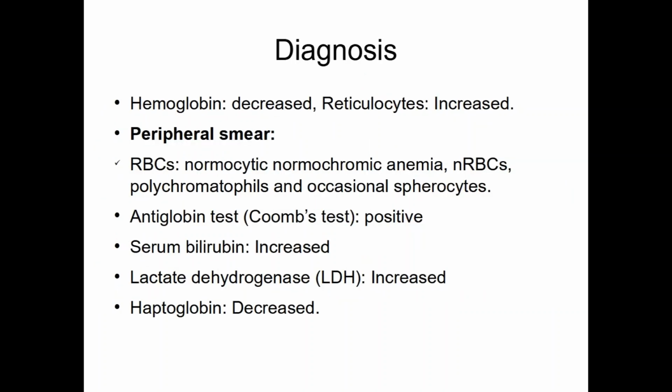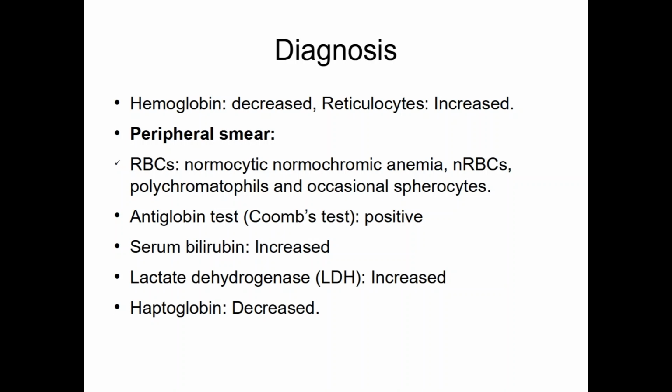Diagnosis-wise, clinically, in hydrops fetalis, that is the severe form of the disease wherein intrauterine death occurs, the child will have features of cardiac failure with too much edema all around the body. Laboratory-wise, hemoglobin will be reduced, reticulocytes will be increased, and on peripheral smear, RBCs will show a normocytic normochromic type of anemia with excessive numbers of nucleated RBCs, polychromatophils, that is reticulocytes, and occasionally some round RBCs known as spherocytes.